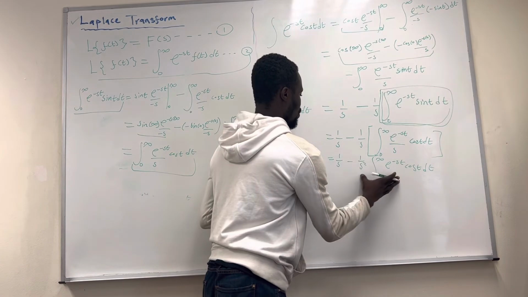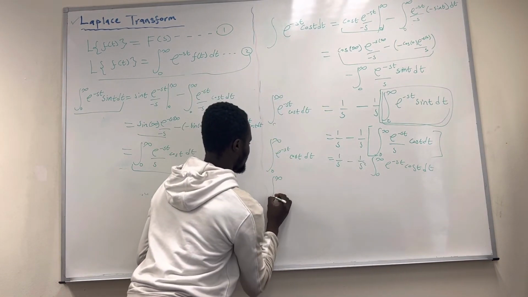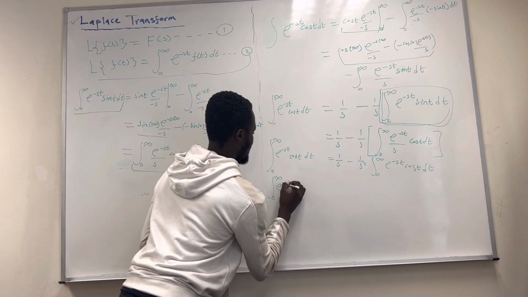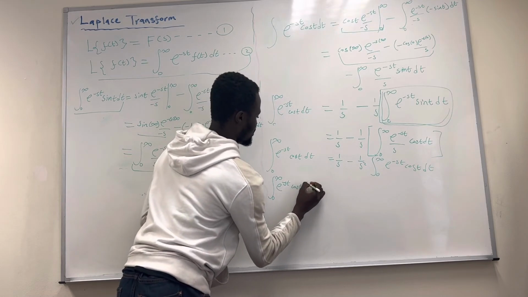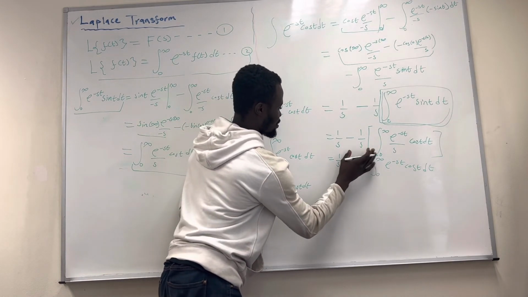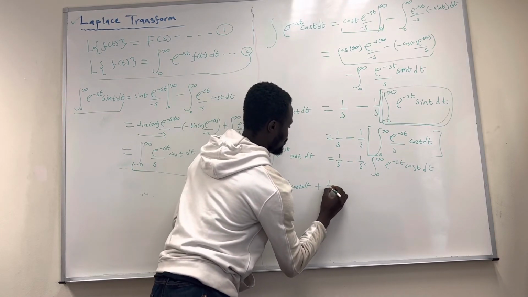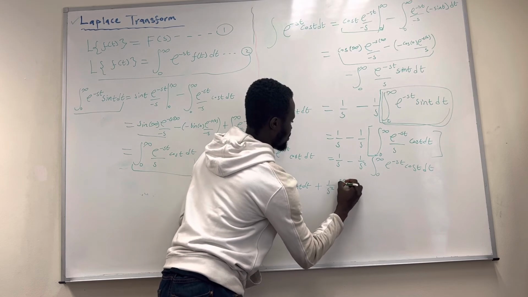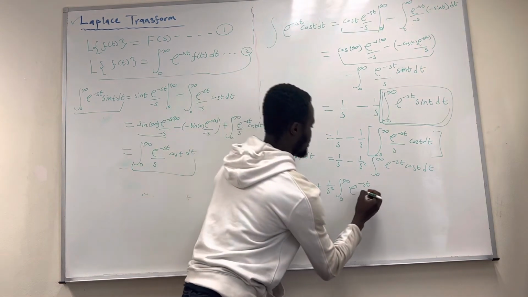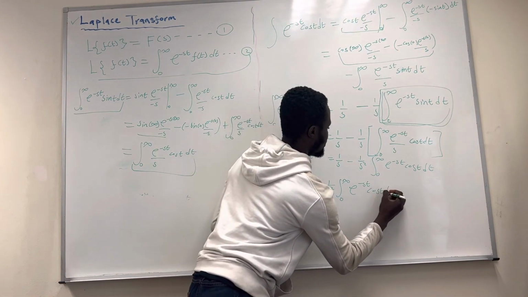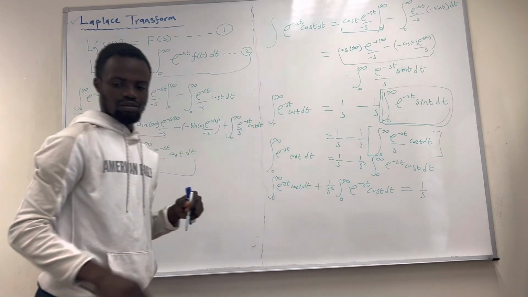Okay, so now this is what you have to do. You bring this whole thing to this side. If you do that, you're going to get integral from 0 to infinity e to the negative st cos t dt. This one is minus, so when you send it to this side, it's going to be positive, plus 1 over s squared times the integral of e to the negative st cos t dt, all equal to 1 over s. Okay, good.